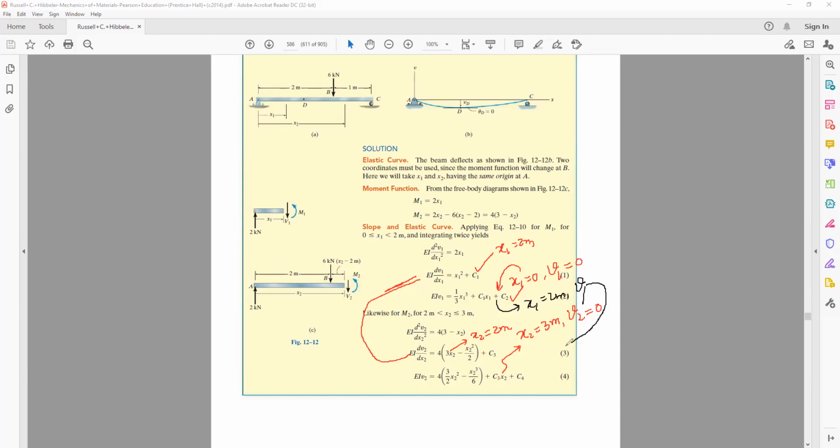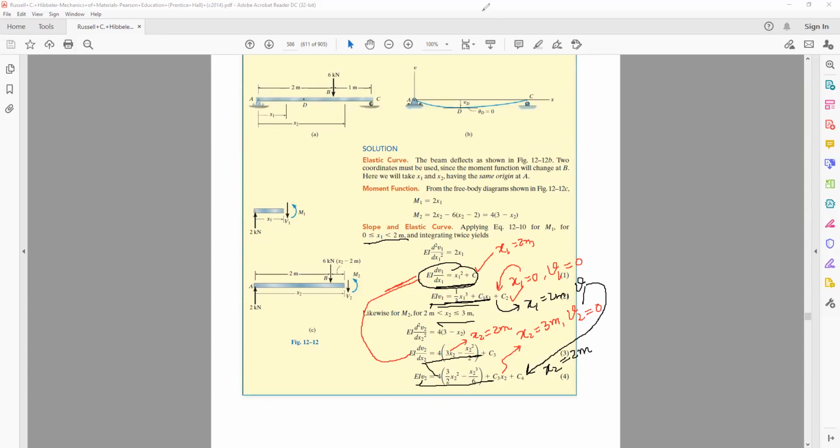That should be equal to the value of the deflection given by this equation when you substitute x2 is equal to 2 meters. So these 4 conditions will be used in these equations. By the way, this equation gives you the deflection. This equation gives you the slope. This is known as the slope equation for this region, and this is the deflection equation for this region.